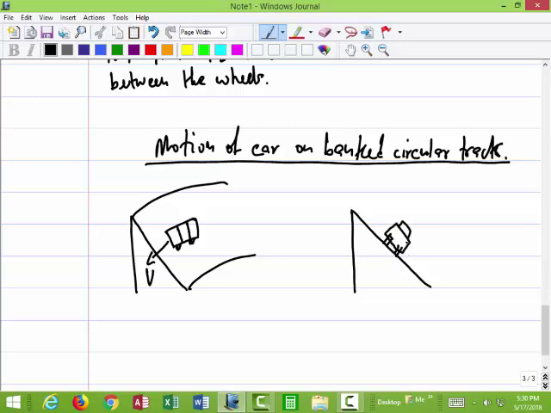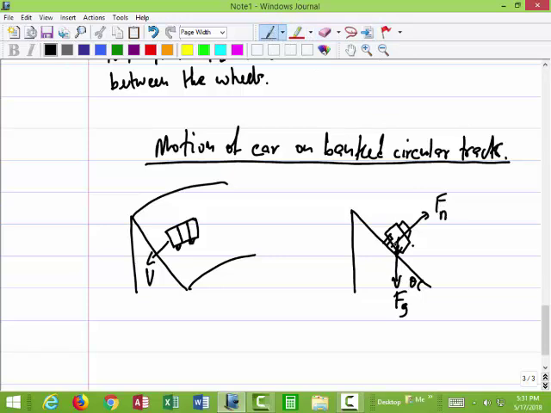And so what we have then is the weight acting vertically downwards, F subscript g. The angle theta is the angle of the banked track. And then we're going to have the support force, F subscript n, not uppercase N, let's change that to lowercase n. This is the support force, F subscript n.